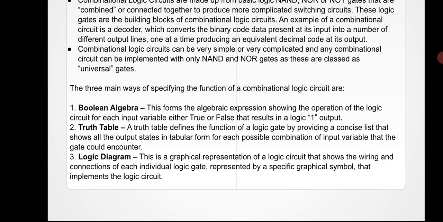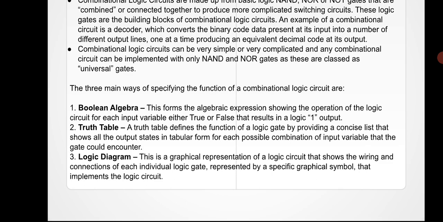The second one is the truth table. A truth table defines the function of a logic gate by providing a concise list that shows all the output states in tabular form for each possible combination of input variables that the gate could encounter.